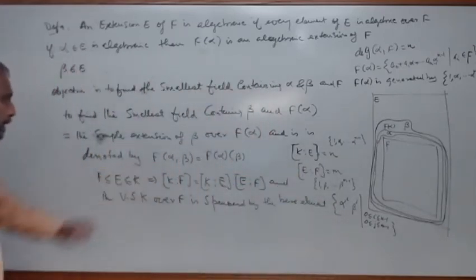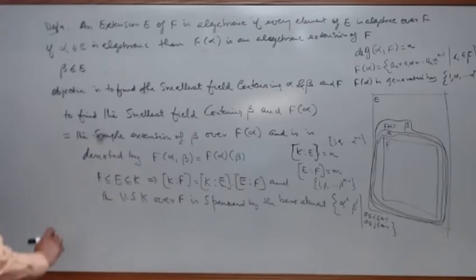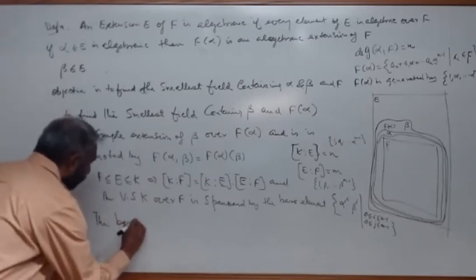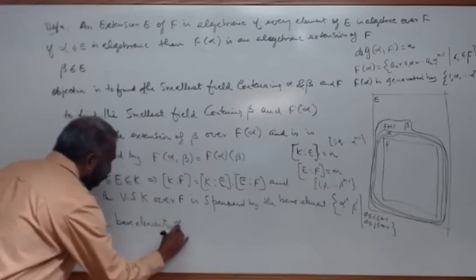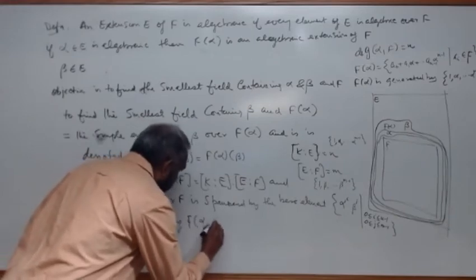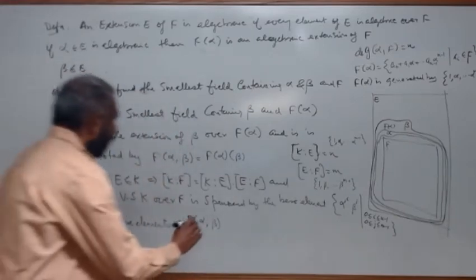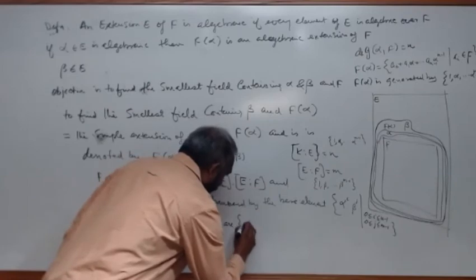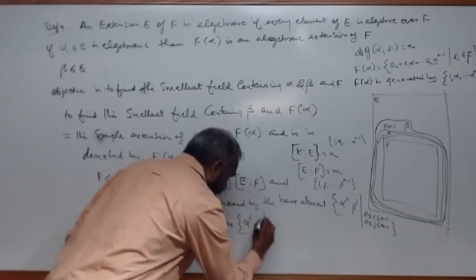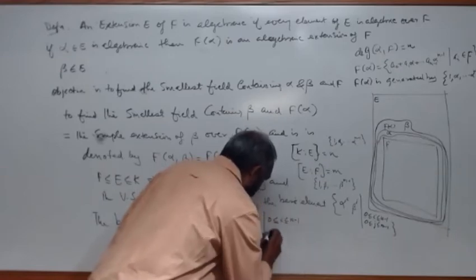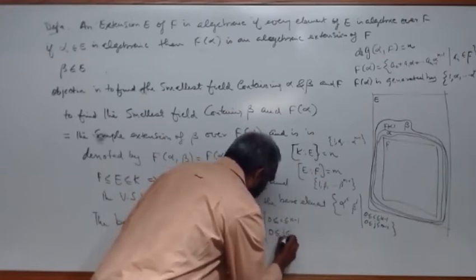So similarly here, the base elements of F(alpha, beta) are exactly the same thing, alpha^i beta^j, 0 ≤ i ≤ n−1, 0 ≤ j ≤ m−1.